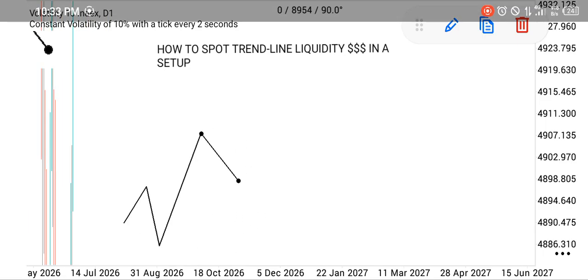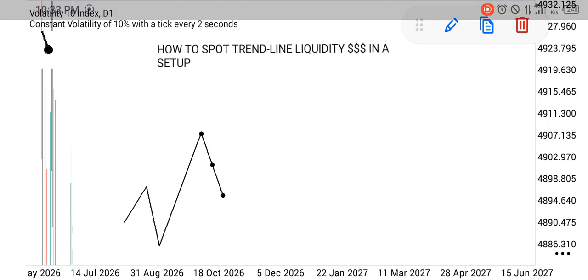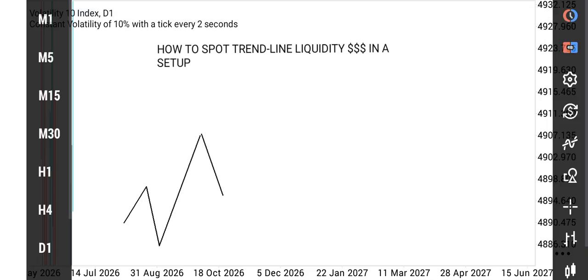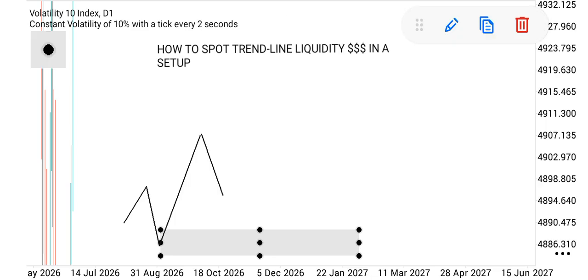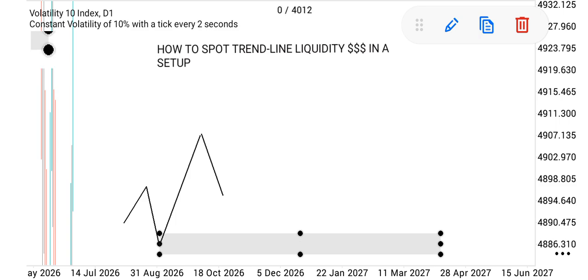This is what I mean. My origin that caused the break of structure, here it is. Beautiful. The origin that caused the break of structure.